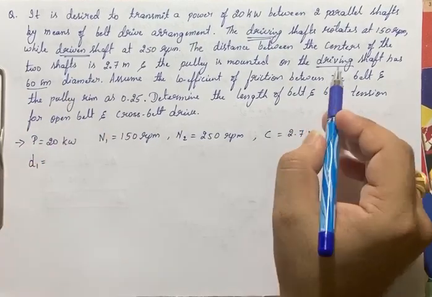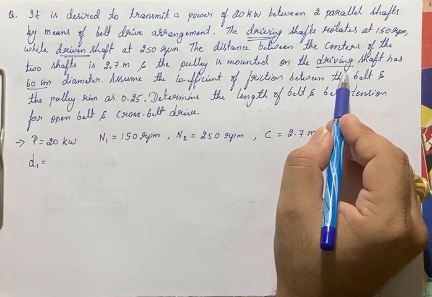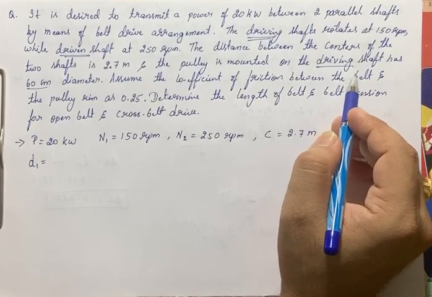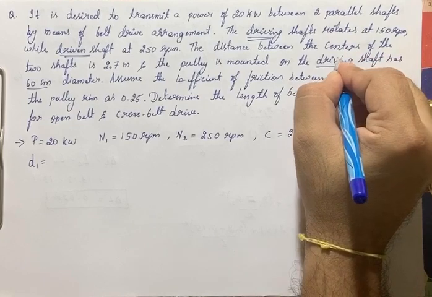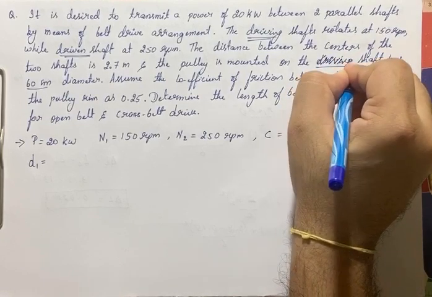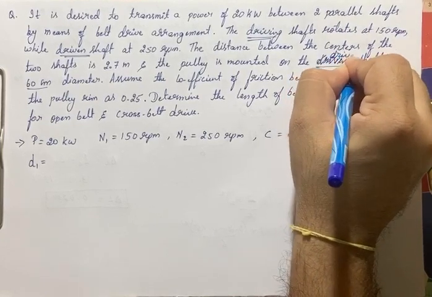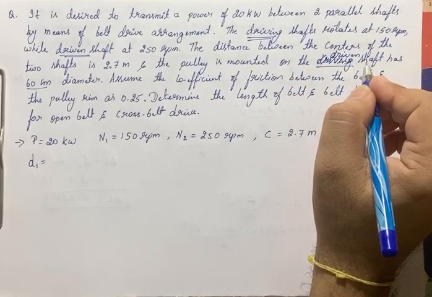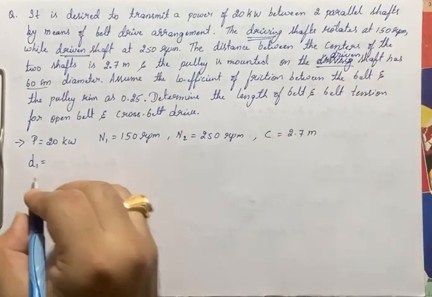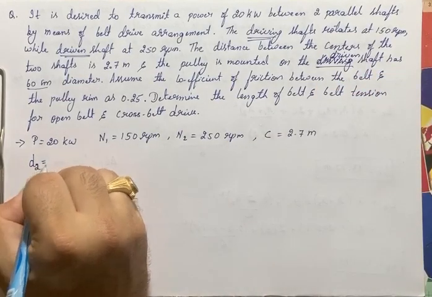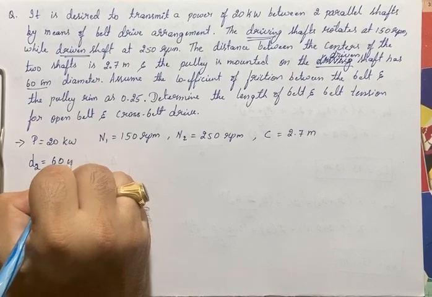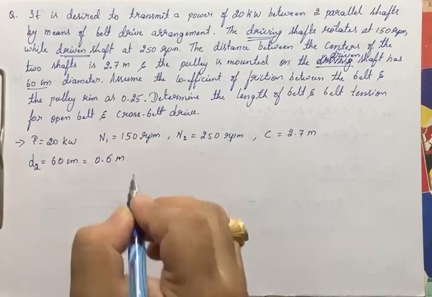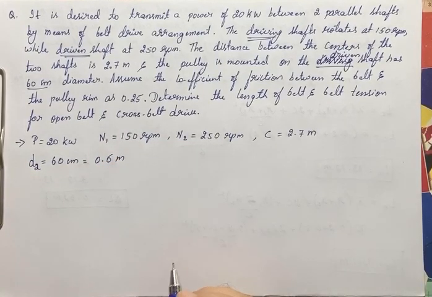Sorry, it is the driven shaft. The question is wrong. It is the driven shaft, given as 60 mm here. That is, driven D2 is 60 centimeter, not mm. So it becomes 0.6 meter.